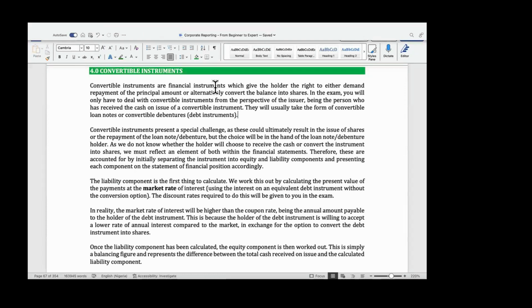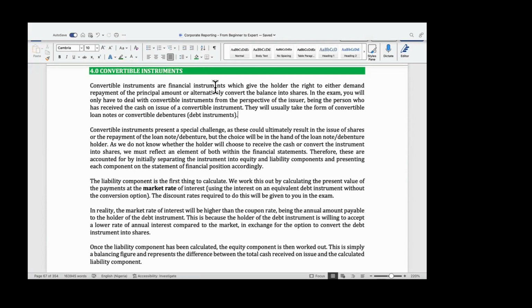So like I was saying, since I'm not sure whether the investor, the lender, the person that gave me the money, will convert it to shares or whether he wants to collect his money back, the standard says that when I'm recognizing that money in my books, I should recognize it as both liability and equity.